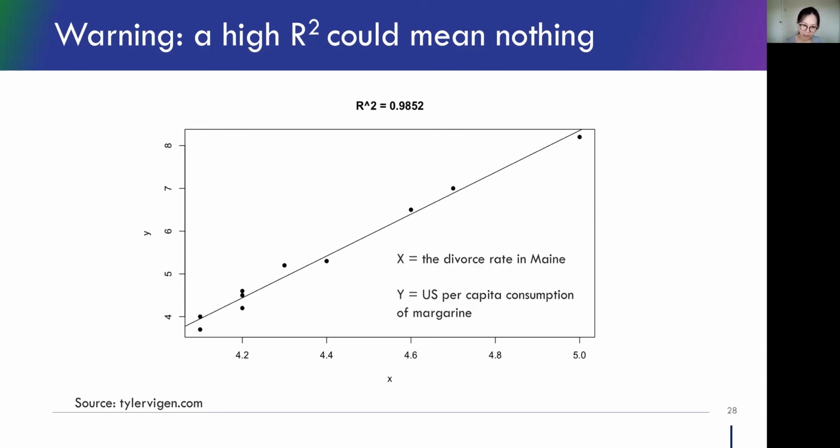But if you take a closer look at the data, now we have the scatter plot of y and x. Here y is the US per capita consumption of margarine, and x is the divorce rate in Maine. By common sense, how could these two be really correlated?